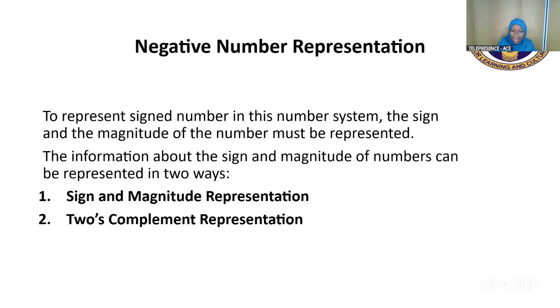To represent a signed number in a number system, there are different methods, but one of them is the sign and magnitude representation, because the sign has to be represented as well as the magnitude. The magnitude is actually the number, and the sign is either positive or negative. So we have two ways: sign and magnitude representation and the two's complement representation.